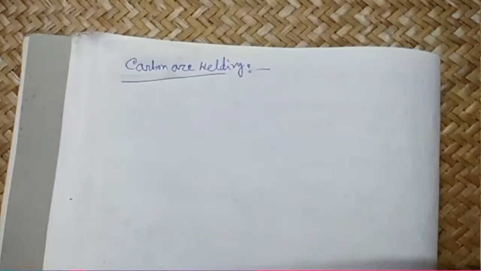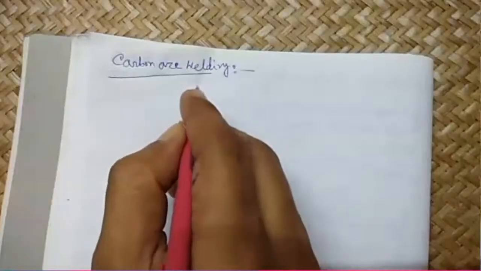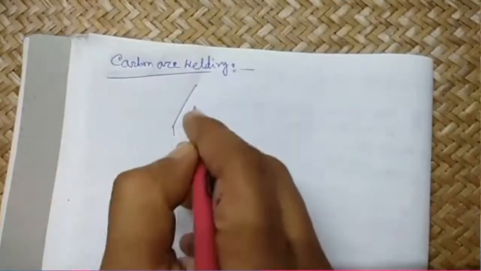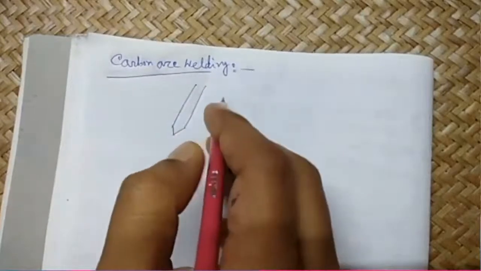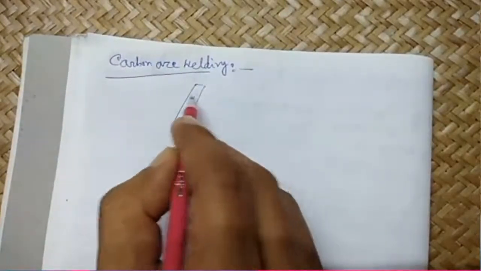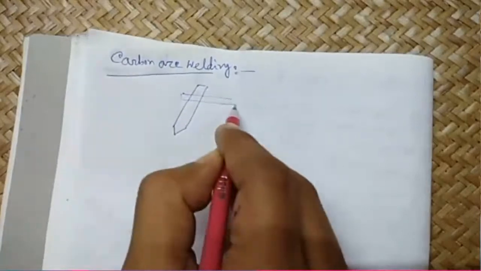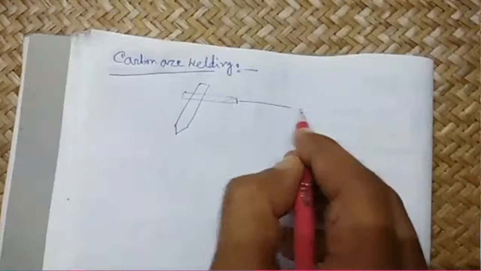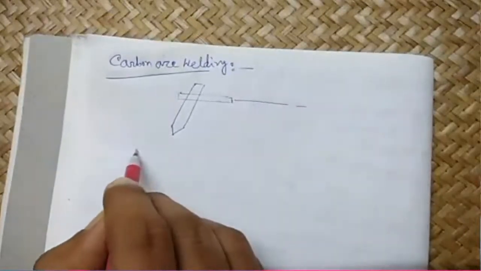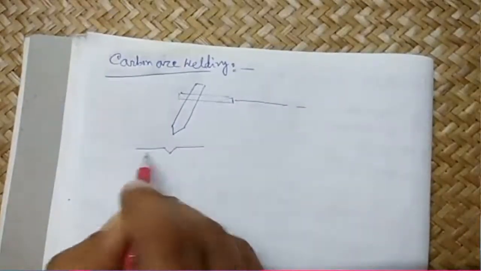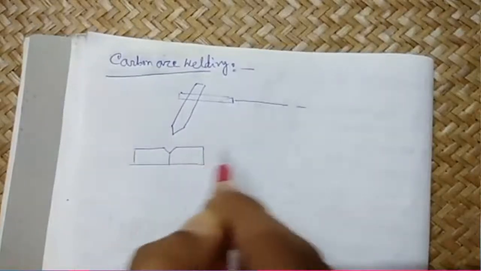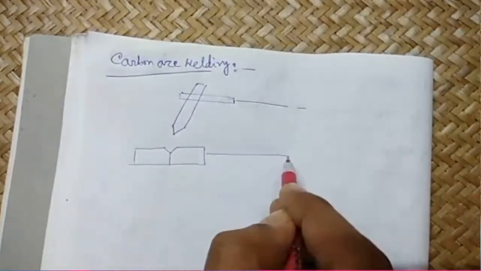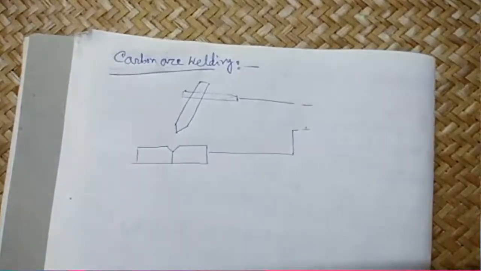Now, in carbon arc welding, the carbon is basically a graphite rod. This is the electrode holder, which will be connected to the negative side, and this is your job, which is connected to the positive side.